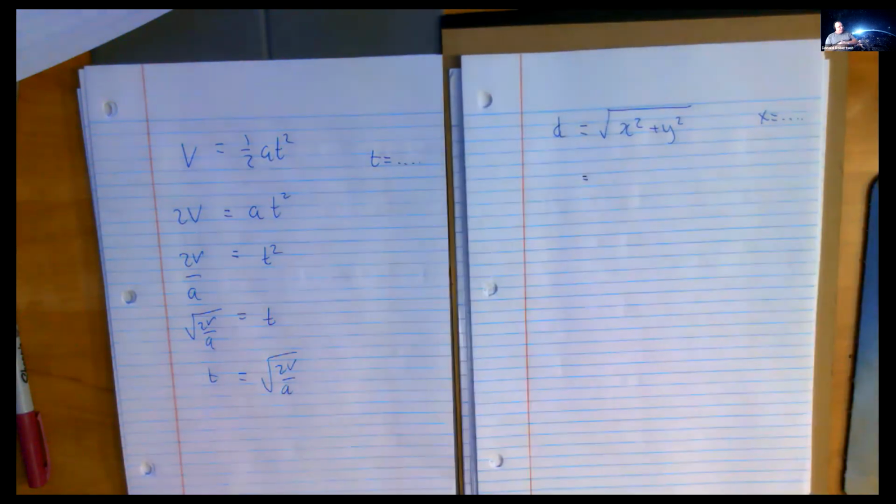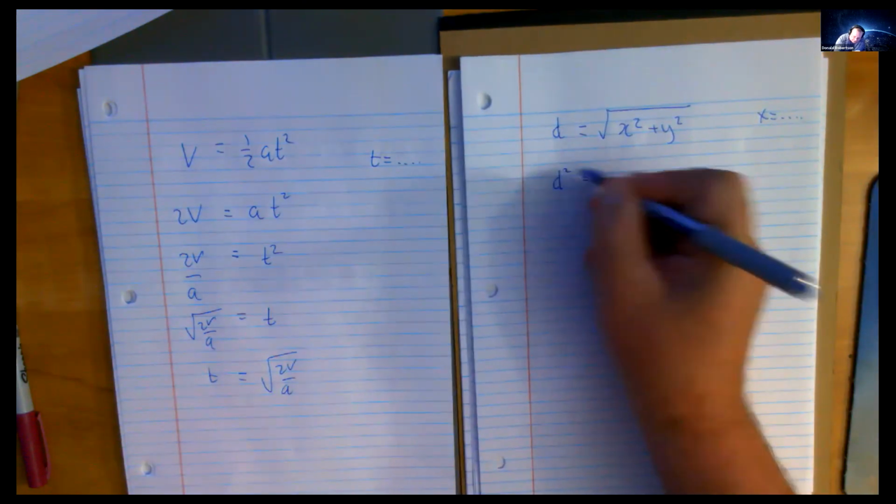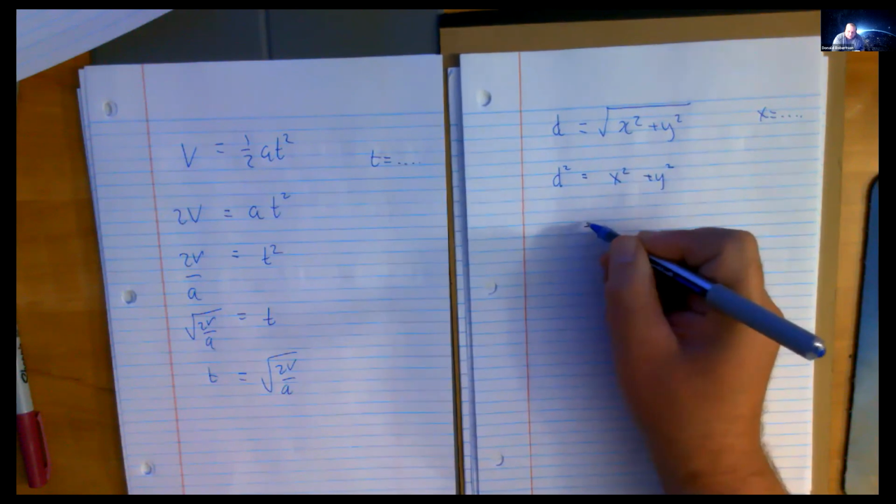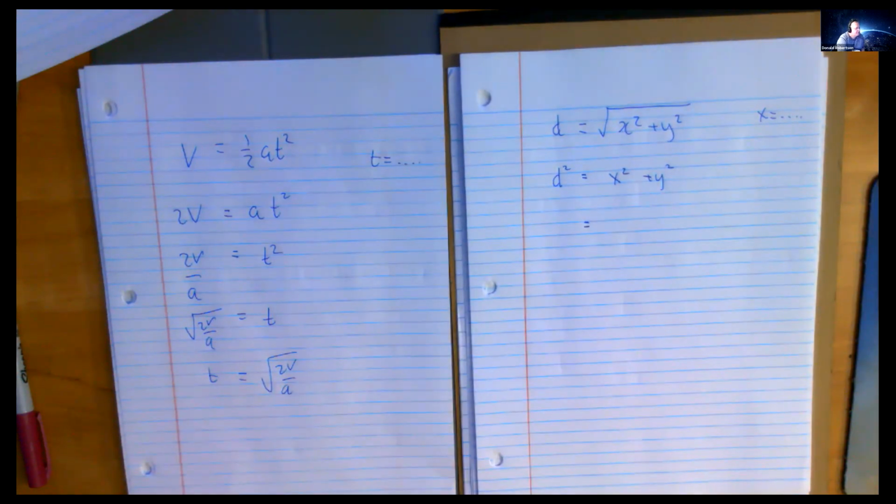What do you want to do to both sides? I hear square, or at least I see lips moving that looks to me like square. Agreed? What should I do next?